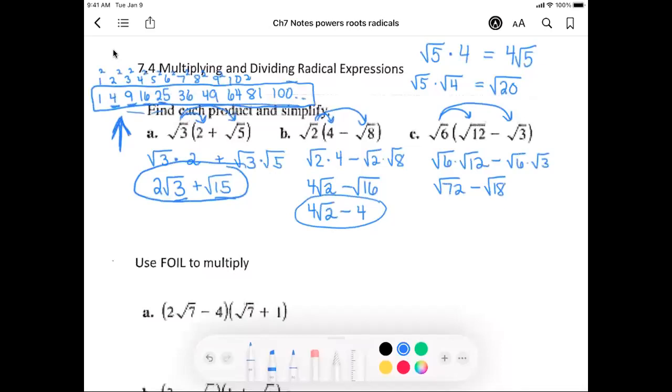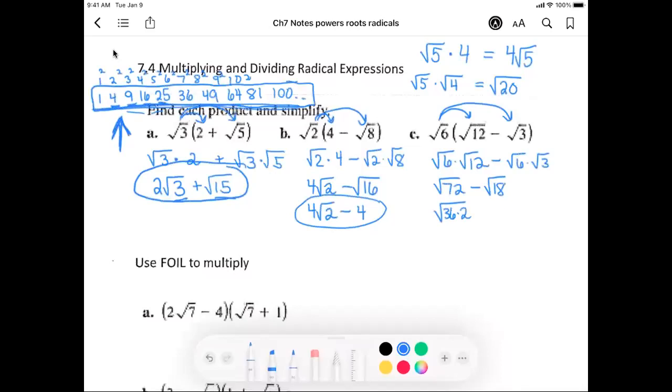So we're looking at these numbers here. Does that make sense? Yes, 36. 36 times 2 is 72. So what I'm going to do is rewrite 72 as 36 times 2. And I'm specifically choosing 36 because 36 is the largest perfect square that goes into 72.